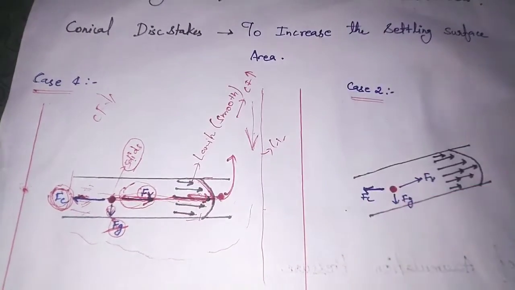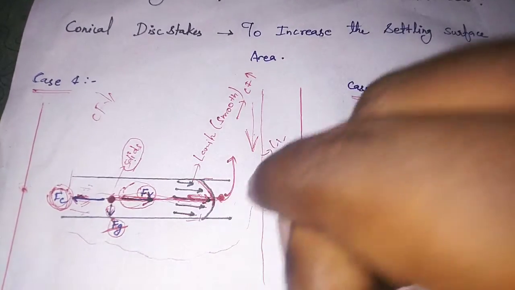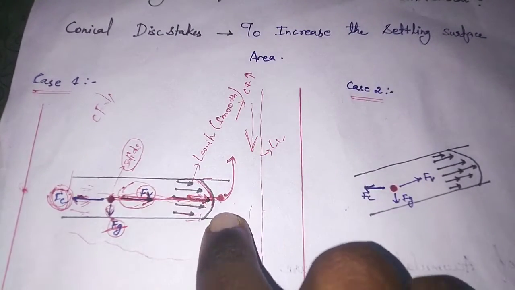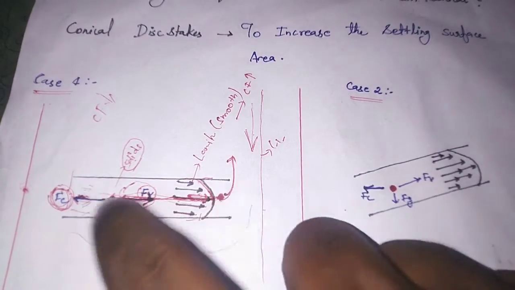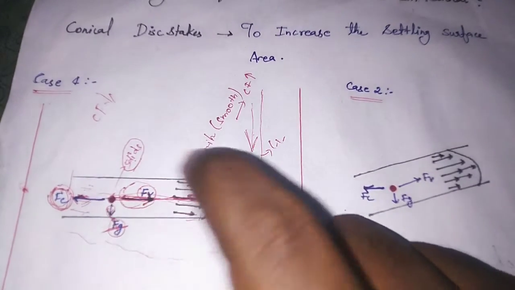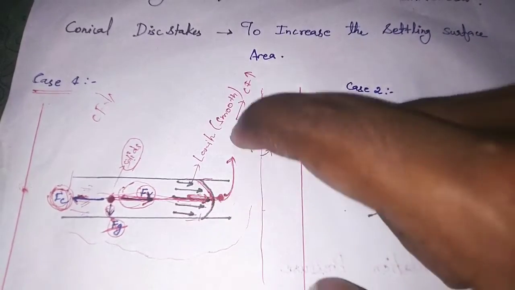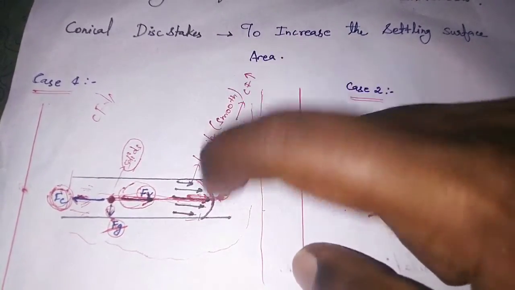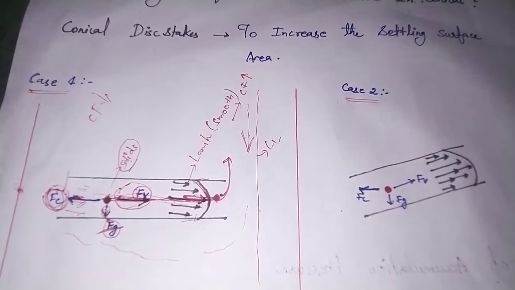But one disadvantage is that the solid particle travels much farther from the bowl side, so some amount of solid goes to the pure oil. So our separation efficiency is reduced.